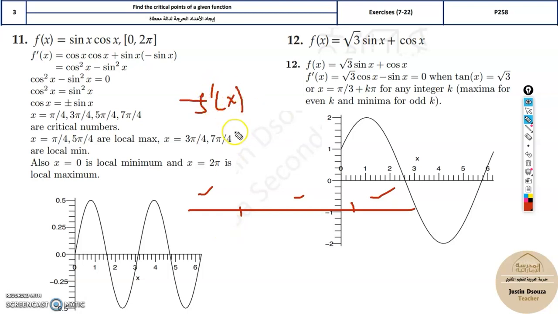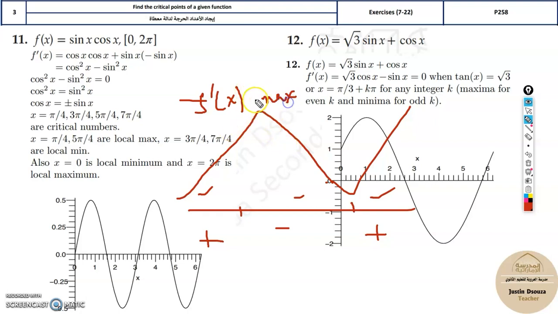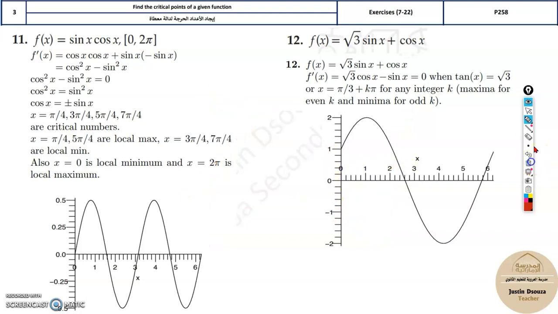If it is a positive value, then it's plus. Negative value means minus. If it's positive, it increases. Negative means it decreases. So at this critical number, it changes its direction. Again, if it's plus, it will change. So if it is changing from up to down, it is maximum, and over here, this is minimum. So this is how we can solve this type of problem.